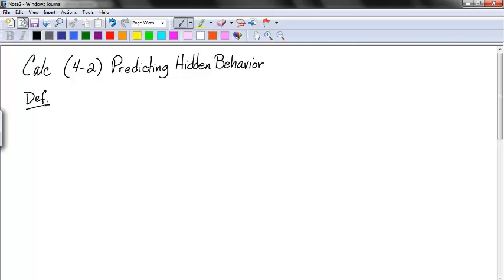Okay. We've talked about it in the other section: concave up, concave down. Now the author is going to define it. Okay.